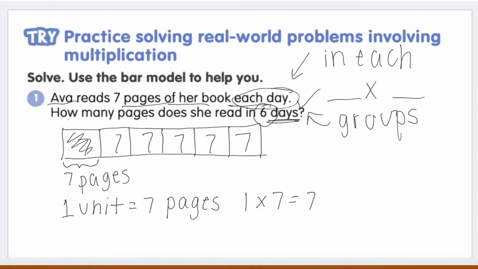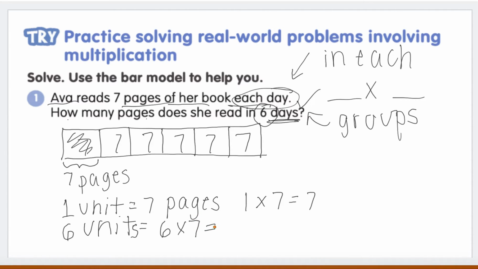So I see I need to find out the value of how many in all for 6 units. How can I represent this as multiplication? Well, I have 6 equal parts or 6 days times 7 in each day.